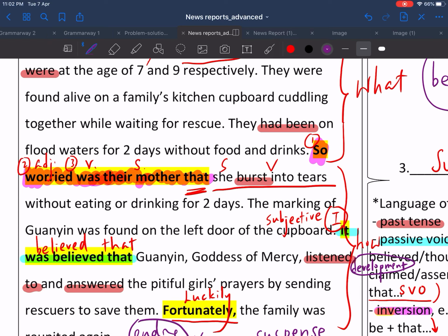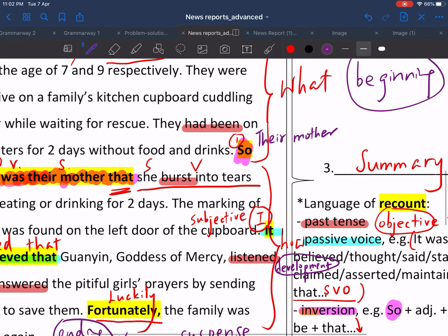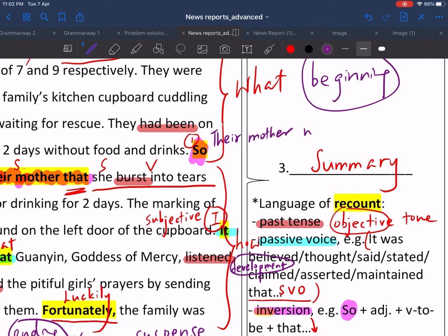And let me give you the original sentence. The original sentence should start with the subject, their mother. And we have the verb, the verb should be was. So worried that, and then SVO pattern.